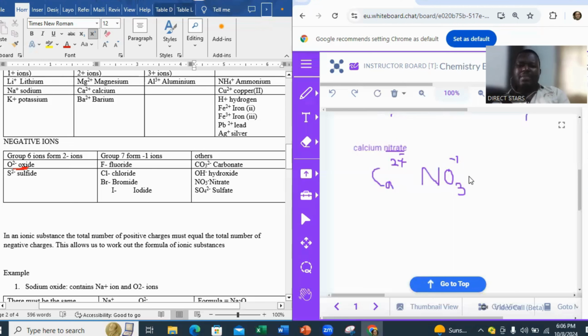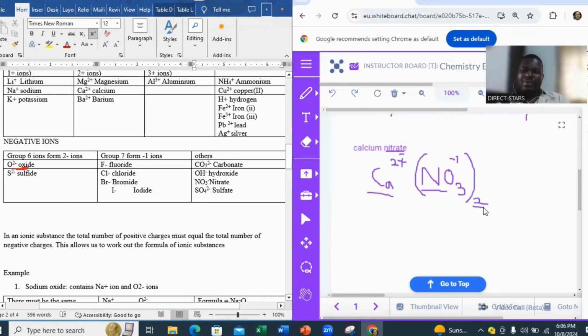So what do I do mathematically to make this nitrate cancel out this 2+ for calcium? You would agree with me that if I make this into 2, as a group, then -1 times the 2 down here becomes -2.